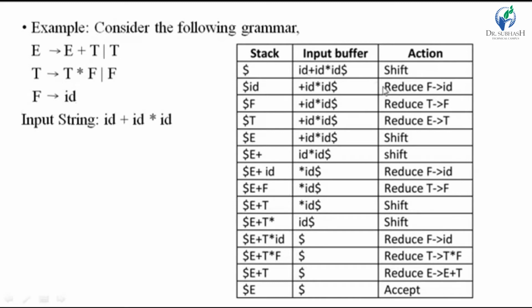So your action will be reduce F gives ID. So this ID will be reduced by F. Input string as it is: plus ID star ID $.